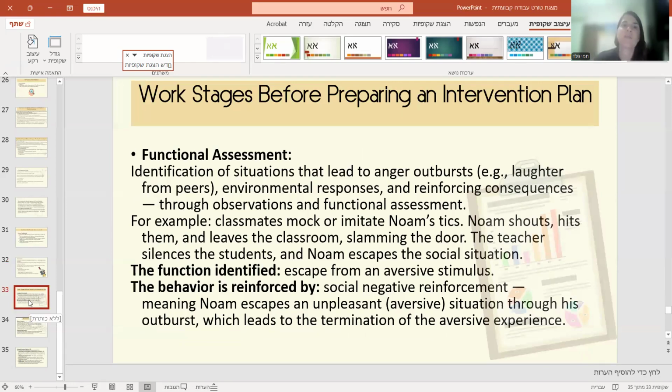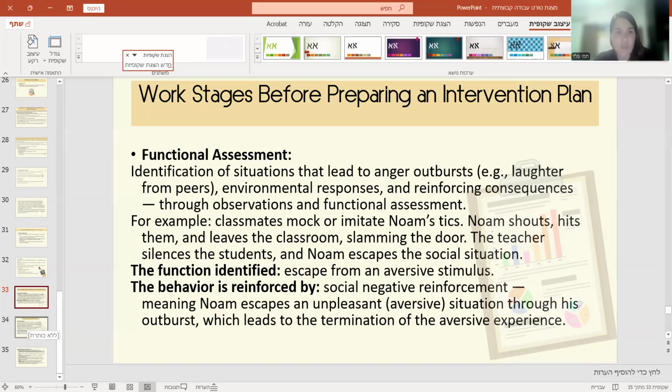Before we made the intervention plan, we did the functional assessment, identifying situations that lead to anger outbursts, like laughter from the kids, environmental response, and reinforcing conditions, through observation and functional assessment. For example, kids mock or imitate Noam's tics. Noam shouts, hits, slams the door, and leaves the classroom.